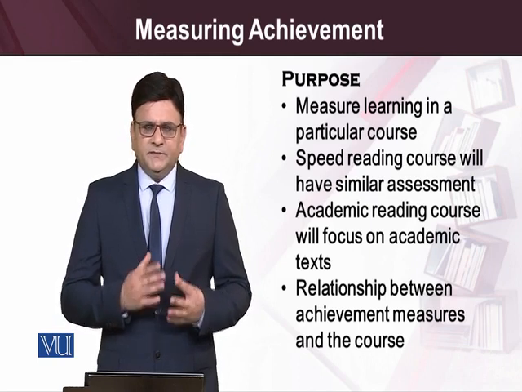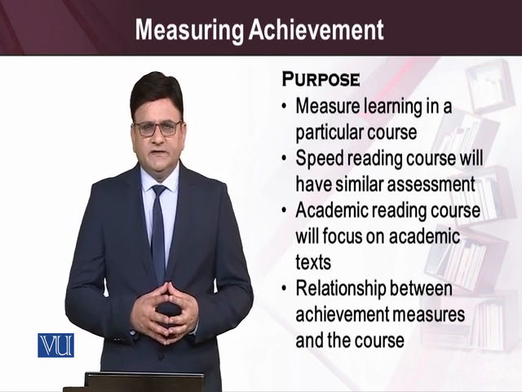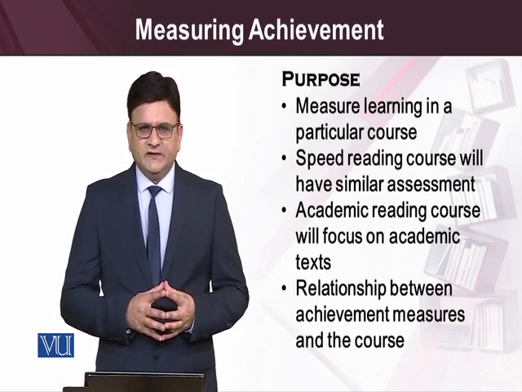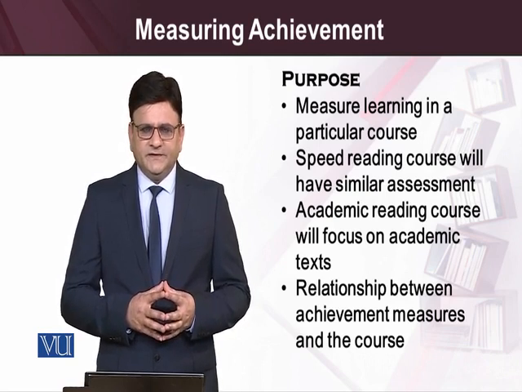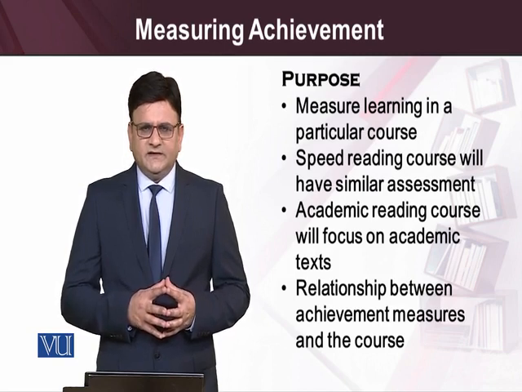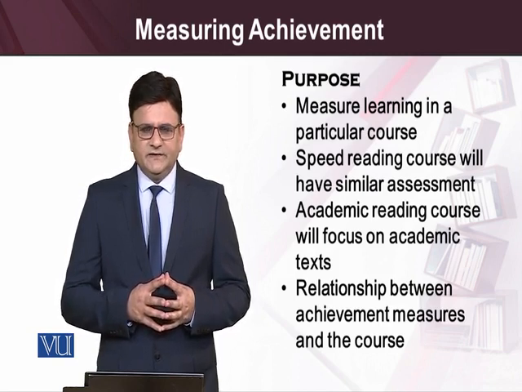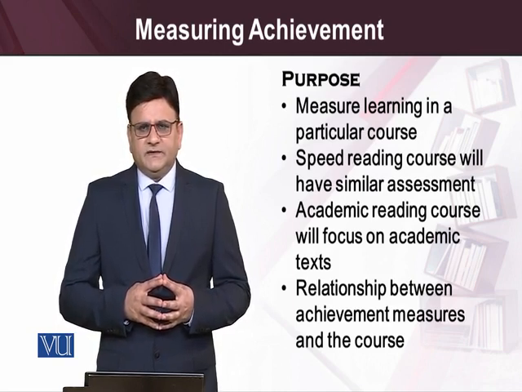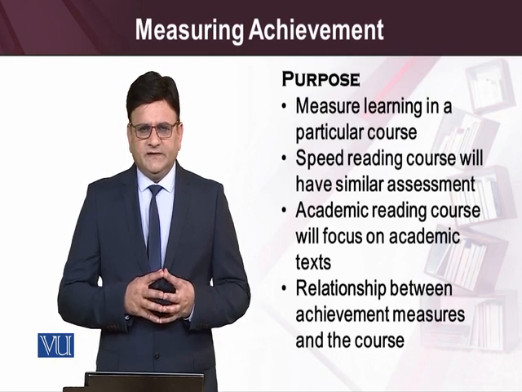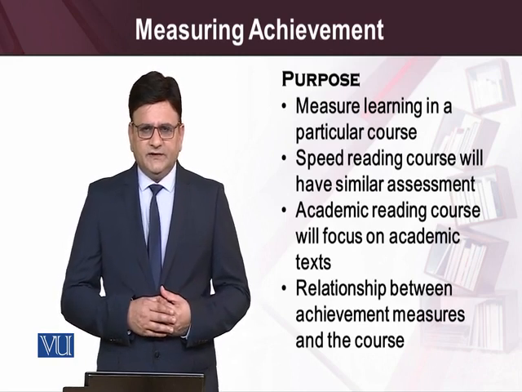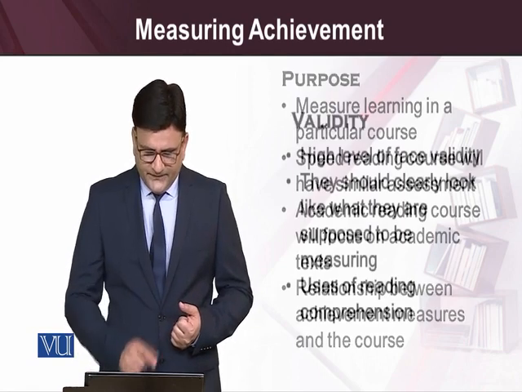So, the very purpose of measuring achievement is to know whether the students are on the right track, whether they have developed the required skills, whether they are reading with required speed, or whether they can spell words properly, recognize words properly, and whether there is no issue in terms of understanding or making meaning of the words, right?